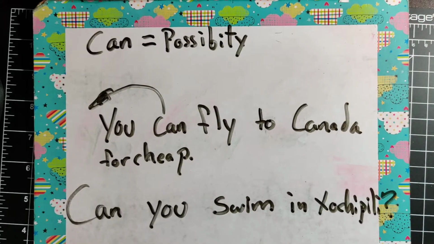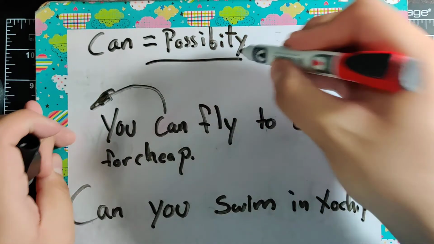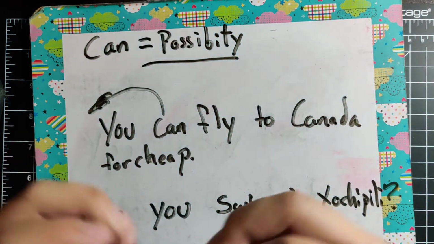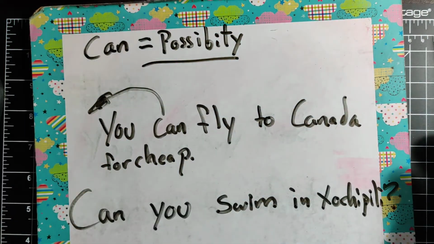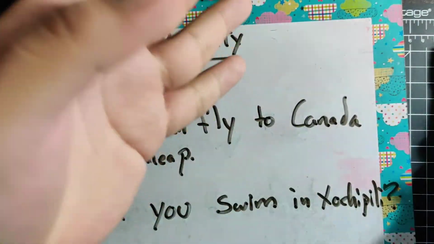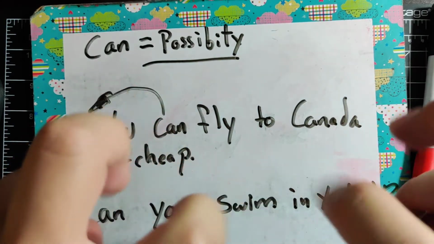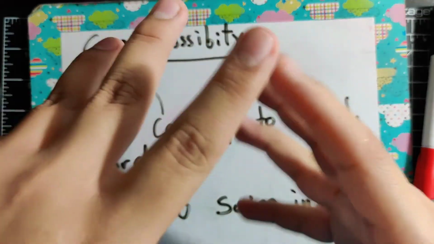Okay? Here we're pretty much asking if it's possible. Es posible. Okay? Can you swim in Xochipilli? The answer, as you know, is no. You can't swim in Xochipilli. Yes, there is a little lake, somewhat of a lake, but it's prohibited. Está prohibido.